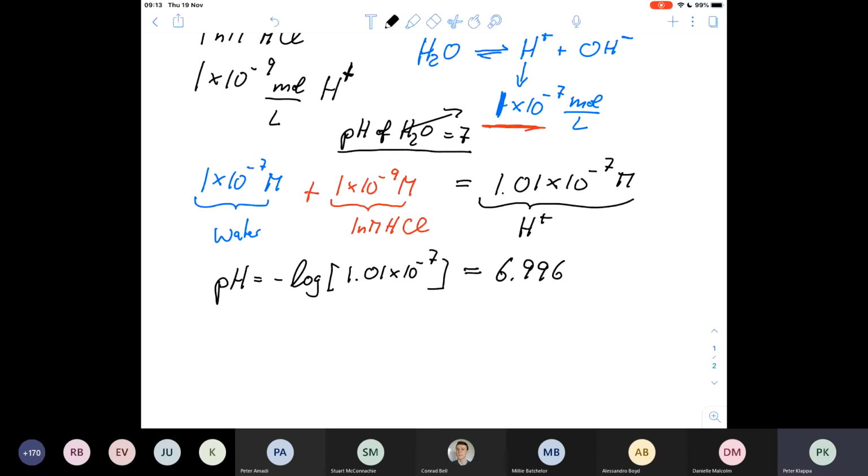Is 6.996 acidic or basic? Is it lower or higher than 7? Since 6.996 is smaller than 7.000, this one is acidic.